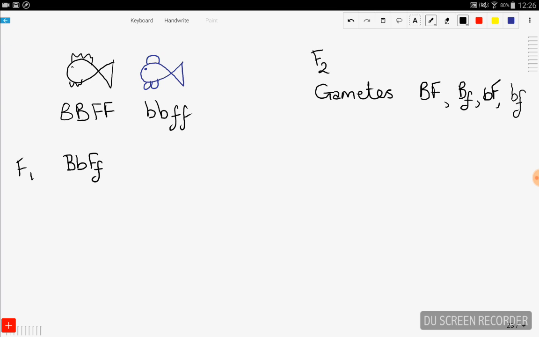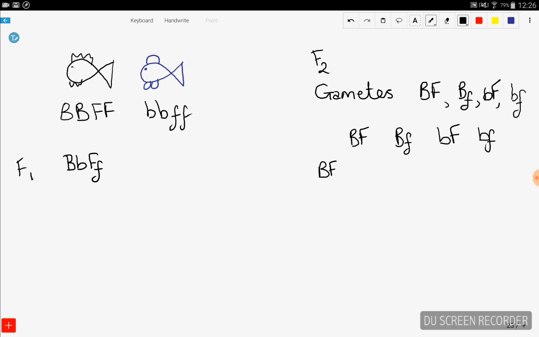Okay, remember both parents would have these possible gametes. So both sides of our Punnett square, both across the top and down the side, we would need to fill out with these 4 possible gametes. So we'll fill those out now. Remember, this is a dihybrid, so we're looking at 2 genes whilst we're doing this.